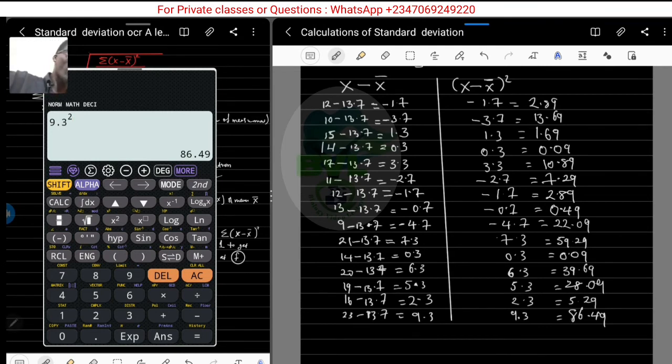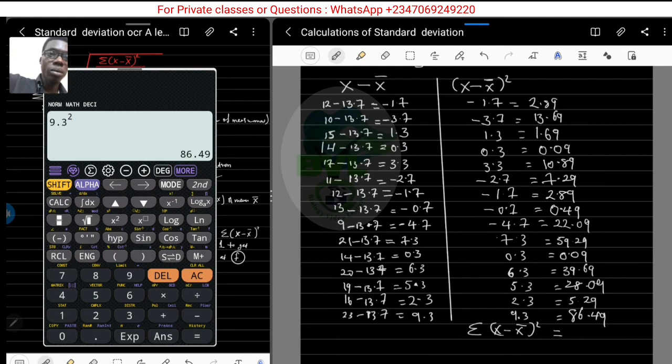Now we're meant to add that together. So we're meant to find the summation of each of the data squared. That's some serious calculation again.